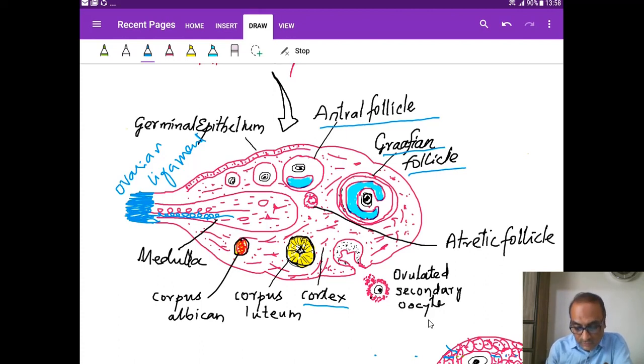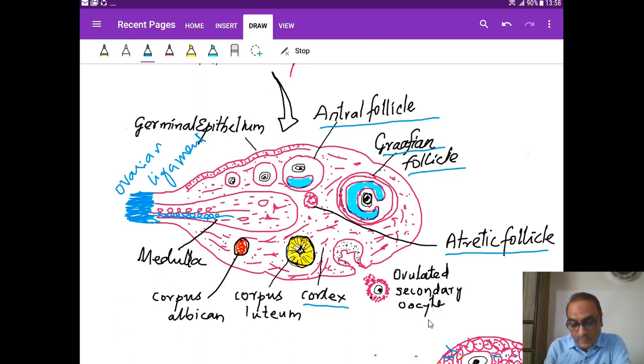Let's see what the other structures are. Here you find a small round structure, which is the atretic follicle, the ovarian follicle which has degenerated. Most ovarian follicles undergo degeneration, and very few reach the stage of the Graafian follicle and then ovulate. Ovulation means release of the oocyte or the egg.